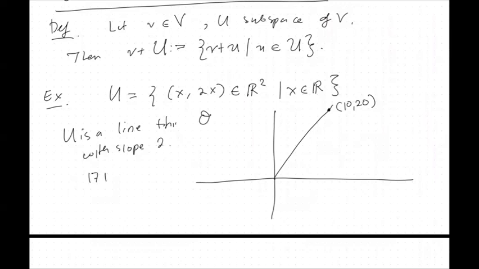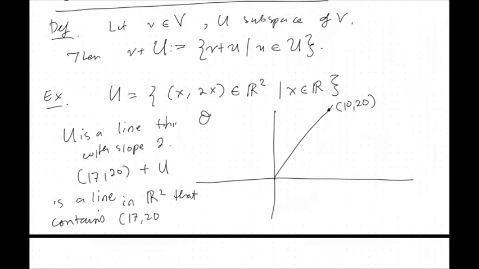So (17, 20) + U is a line in R2 that contains the point (17, 20) with slope 2. Okay.